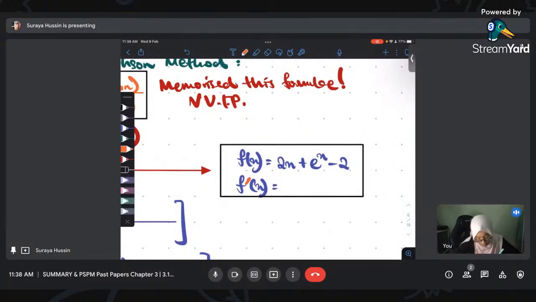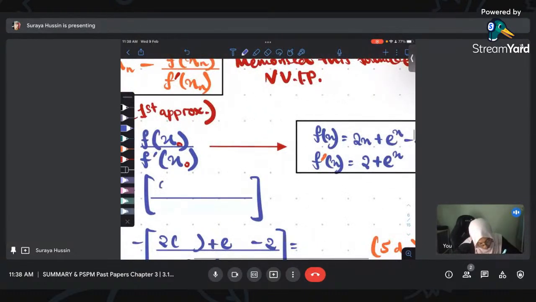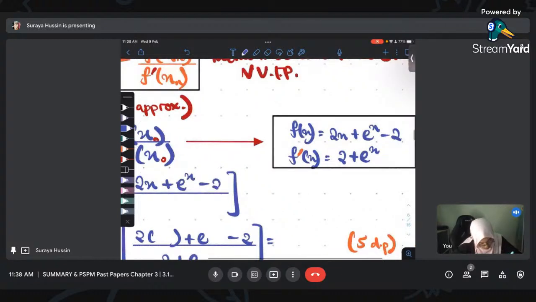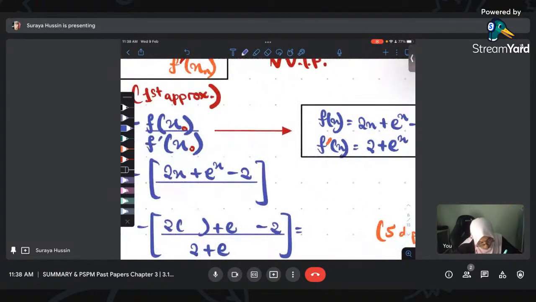Cari derivatifnya. Dan saya akan dapat 2 plus exponent x. So I will put it here. 2x plus exponent x minus 2, while here is 2 plus exponent x.